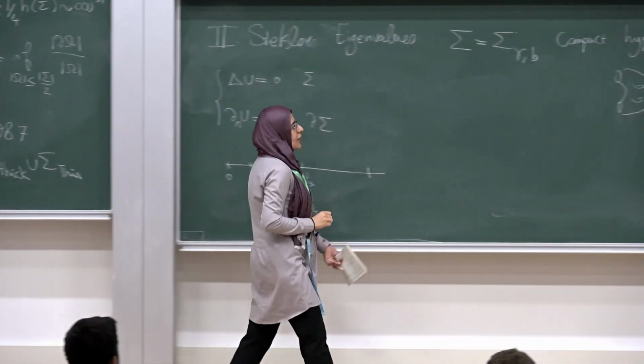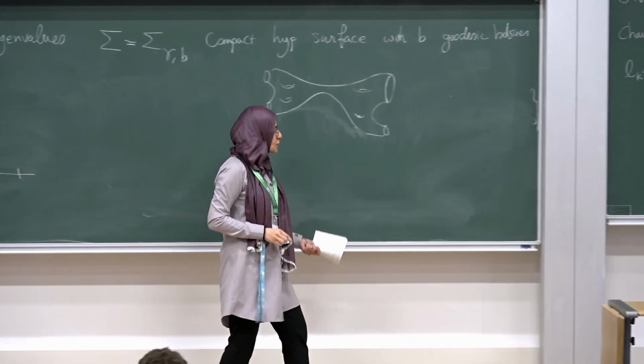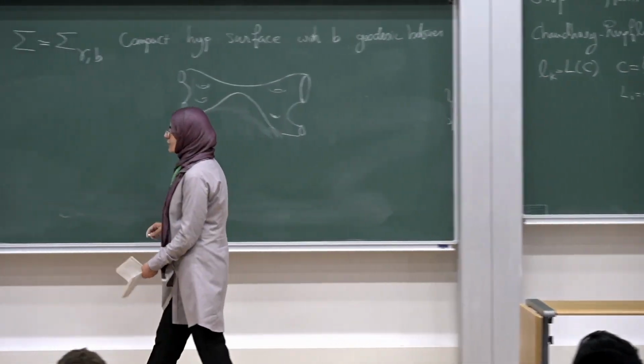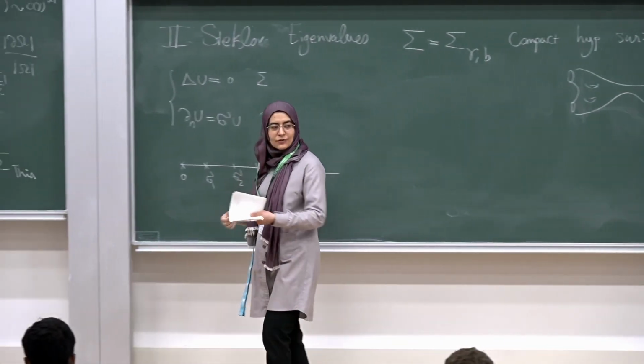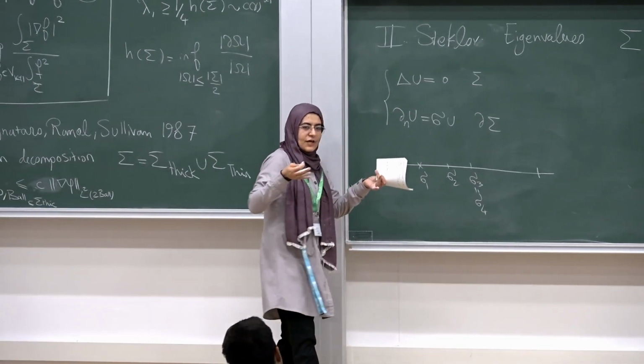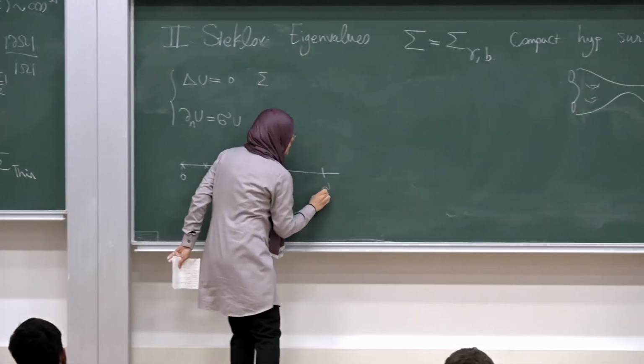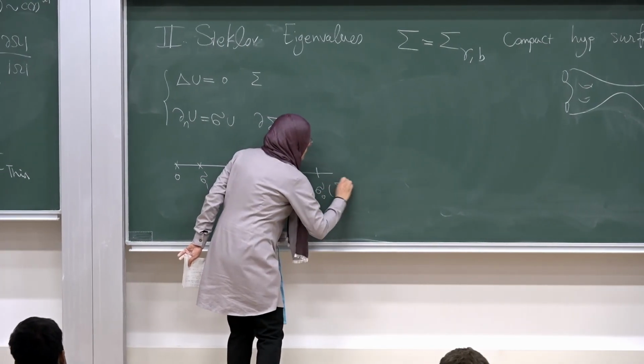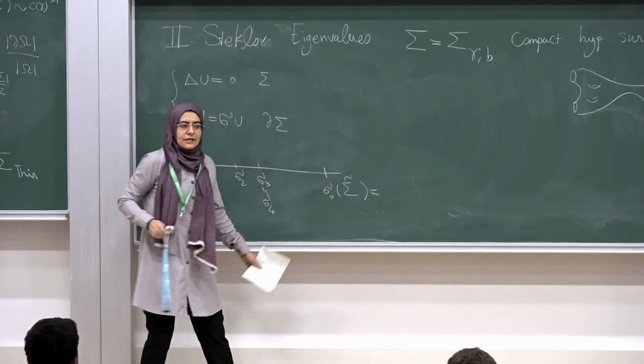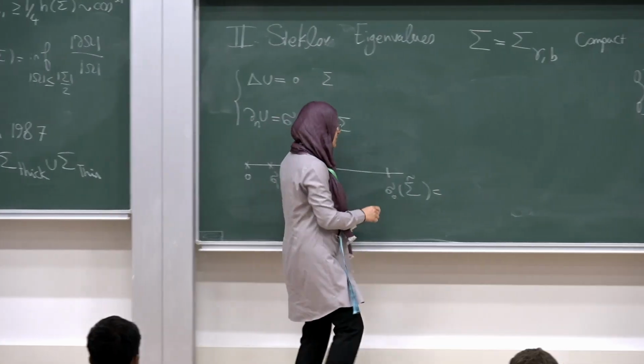The universal cover of a closed surface is H2. But when we have boundary, the universal covers are not isometric to each other. It's a convex subset of H2 with geodesic boundary. We call it the bottom of the spectrum of sigma tilde.